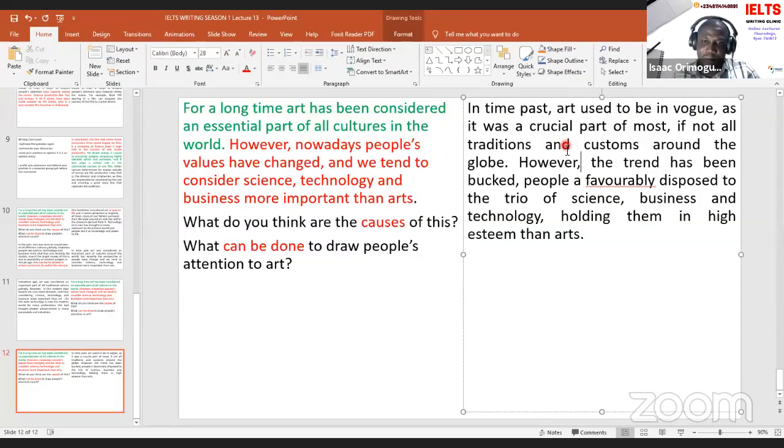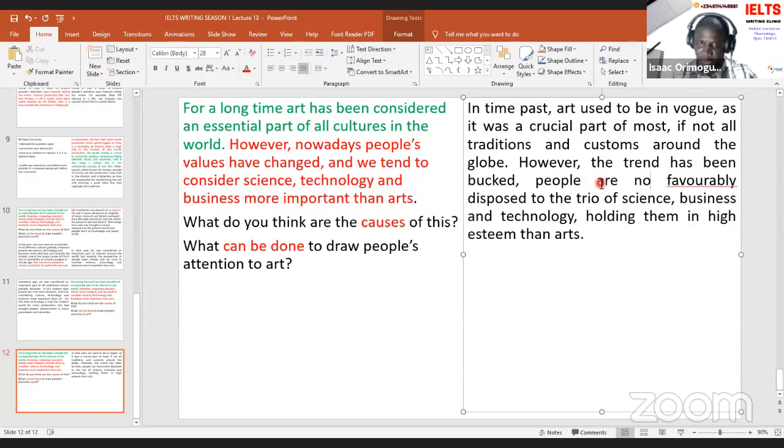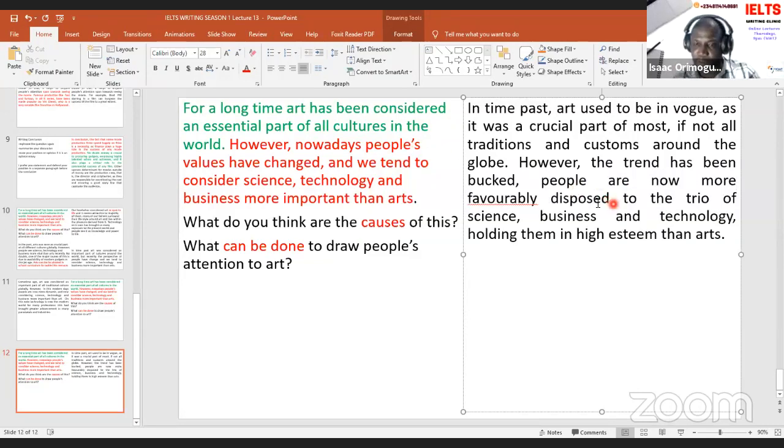People are now more favorably disposed to the trio of science, business, and technology, holding them in high esteem than arts.